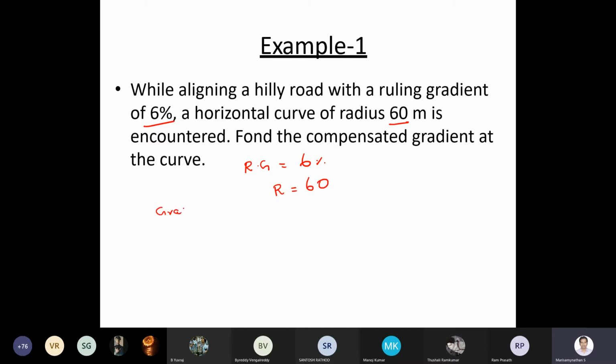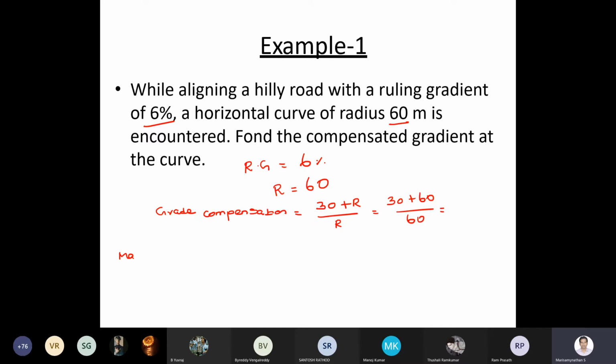For grade compensation, as I previously told, two steps are there. First, (30 + R) / R, so (30 + 60) / 60, and you will get the grade compensation value.